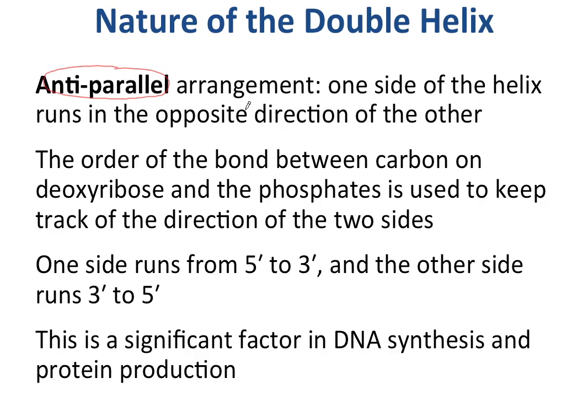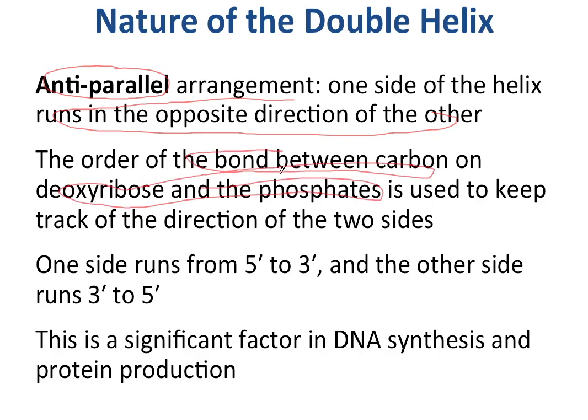They run in opposite directions. Since the bonds between the carbon of the deoxyribose and the phosphate are covalent bonds, and covalent bonds are very strong, this structure is very strong.